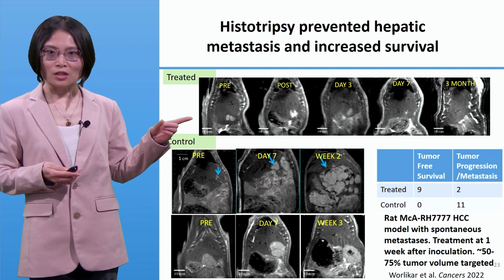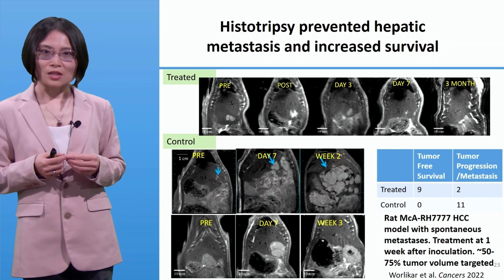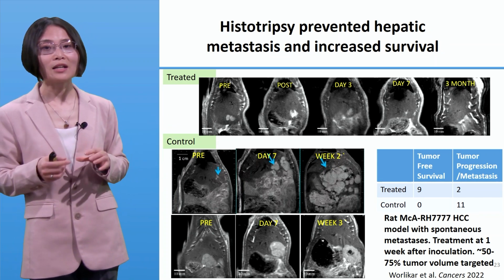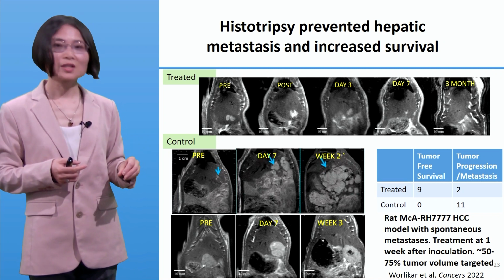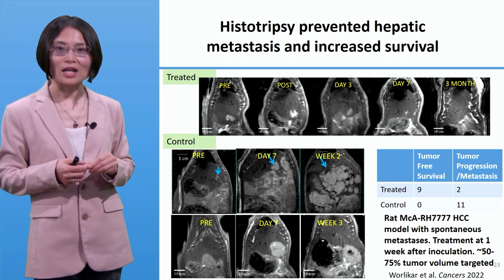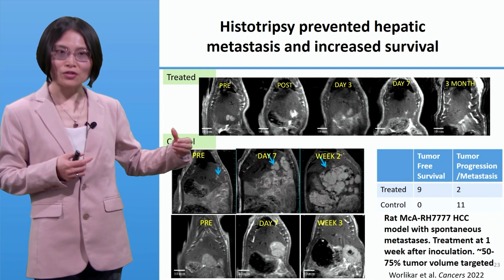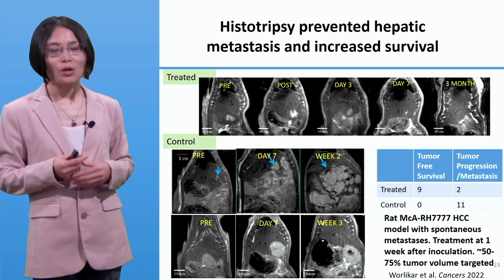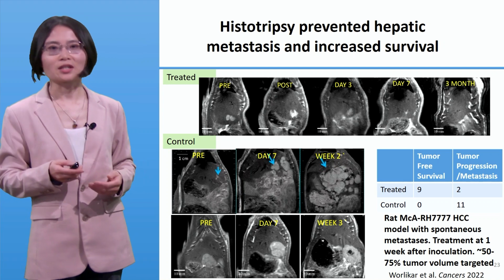In the treated group, all 11 rats received histotripsy treatment, but only 50% to 70% of the tumor was treated. And 9 of the 11 rats from the treatment group had a complete tumor regression. They all lived to the 3-month study endpoint, tumor-free with no metastasis observed. So this is very interesting.